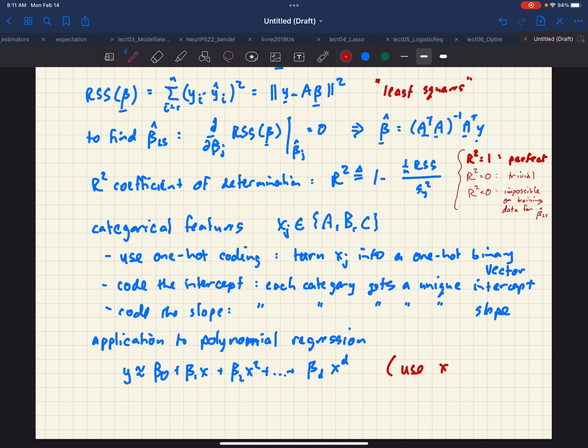So what we're doing here is we're using x sub j equal x to the power j. And the main question that we asked here is how do we choose d? So that brought us to the next unit on model order selection.